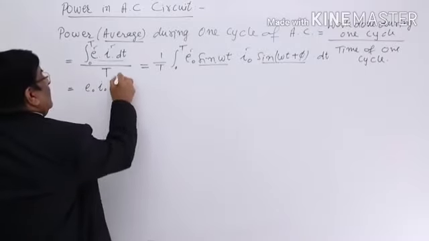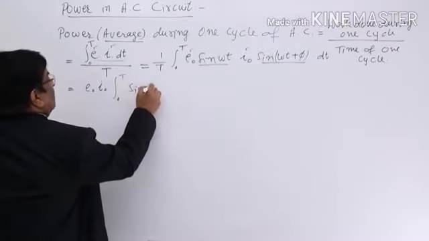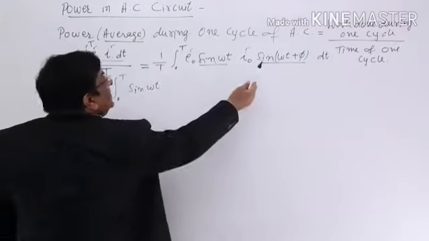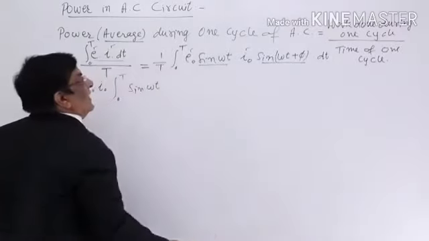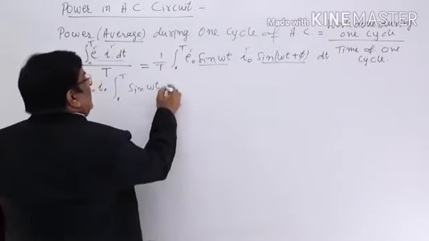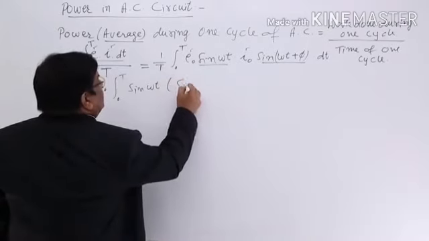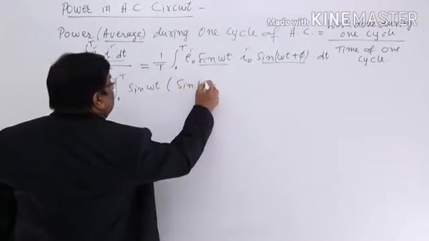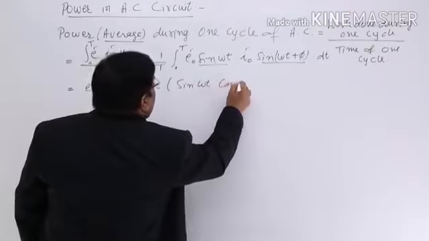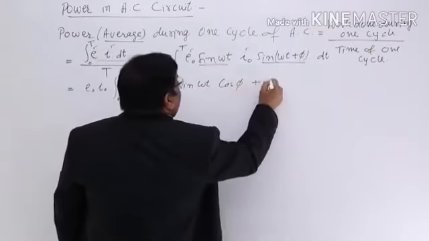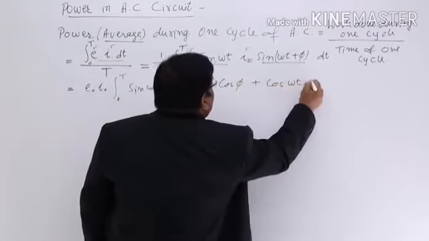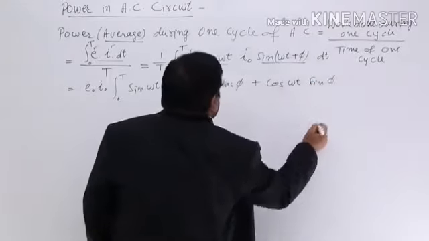Using sine of a plus b equals sine a cos b plus cos a sine b, I will write it as sine omega t cos phi plus cos omega t sine phi.